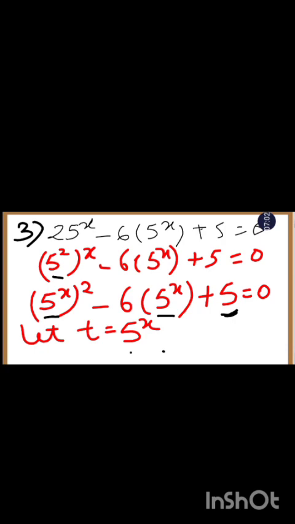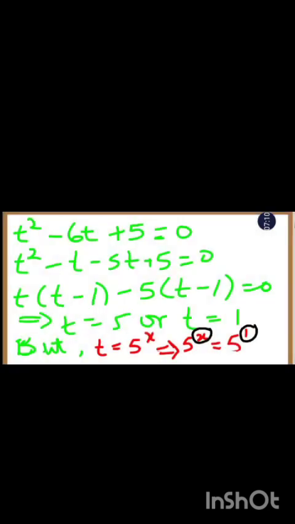We say let t be 5 raised to the power x. We now have t squared minus 6t plus 5. Remember, you said let t be equal to 5 raised to the power x.